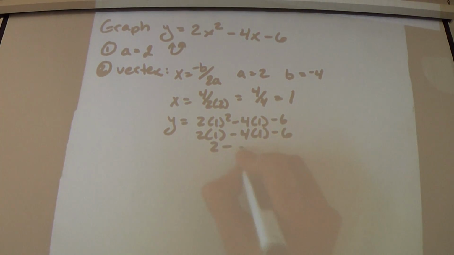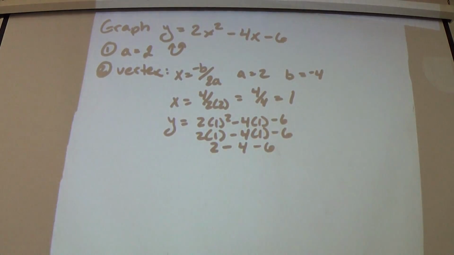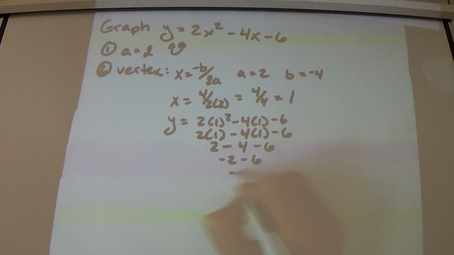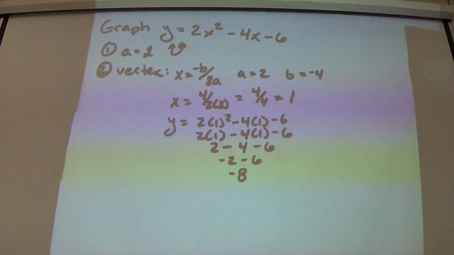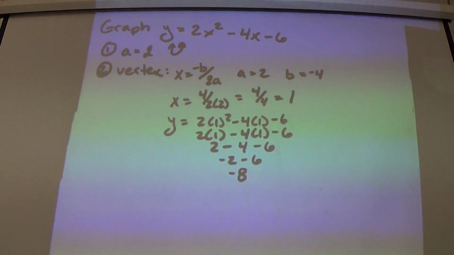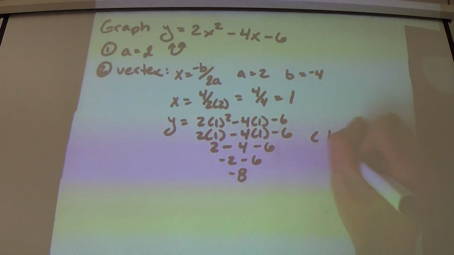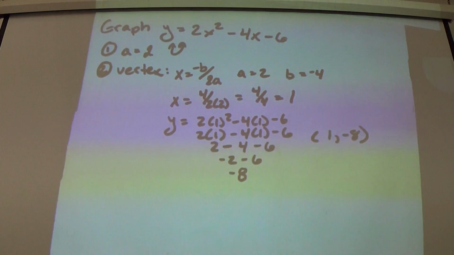So 2 times 1 is 2, minus 4 minus 6. 2 minus 4 is negative 2. Minus 6 gives me a negative 8. So that gives me 1 comma negative 8 for that vertex. Good so far?